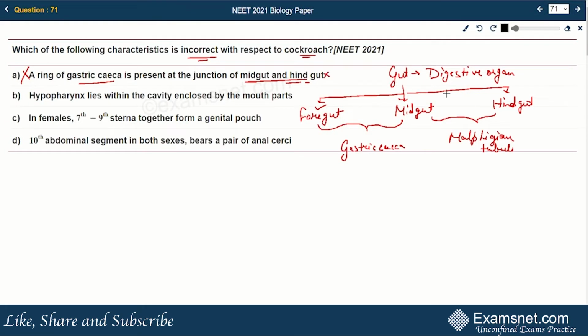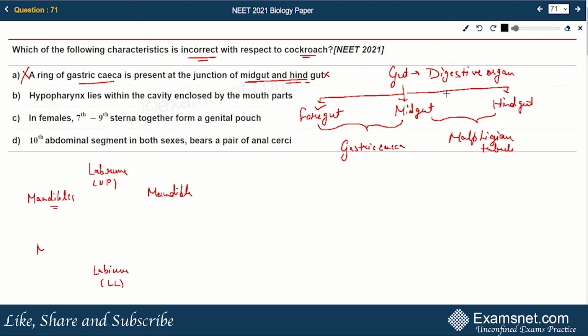Now, the second statement is hypopharynx lies within the cavity enclosed by the mouth parts. So let's see what are the components of mouth parts in cockroaches. Mouth parts in cockroach is composed of a labrum or upper lip. Then there is a labium or lower lip. Then there is a pair of mandibles, that means two mandibles, one here and one here.